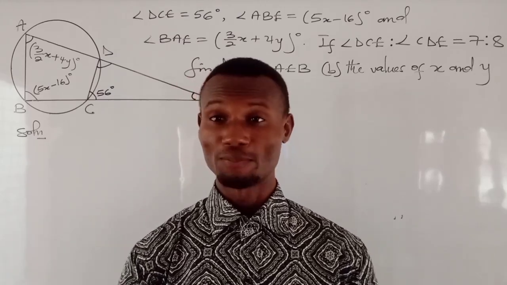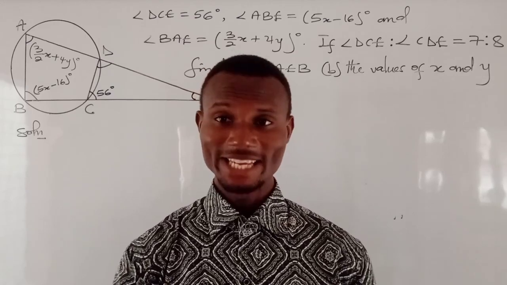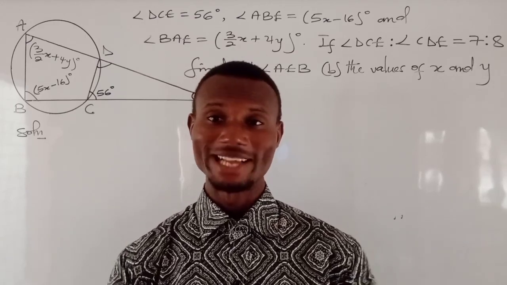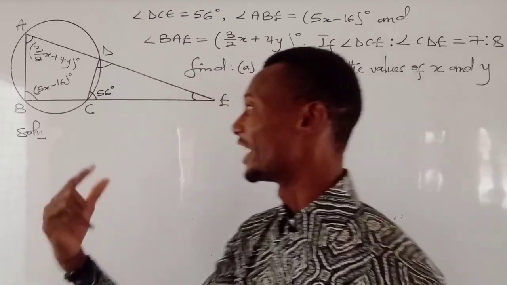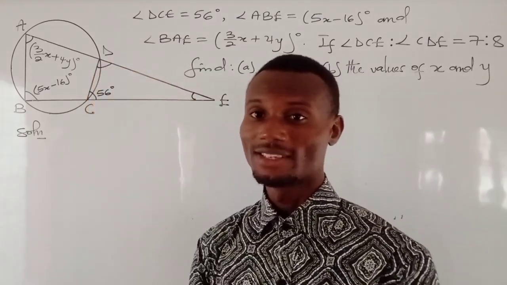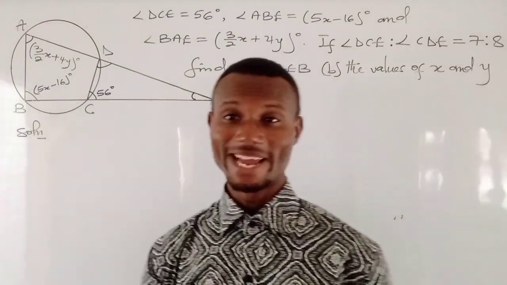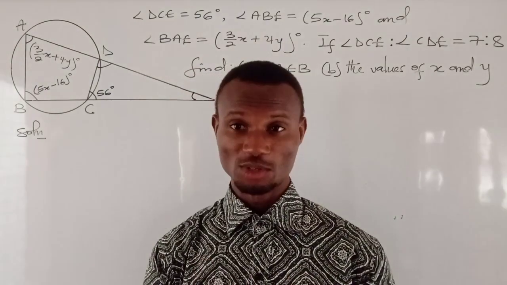We are going to use that property to help us find the angle AEB that we are looking for. That's why we are taking into consideration the triangle CDE, so that it can help us find the value of this side which we are looking for. I hope the explanation is clear enough up to this point.